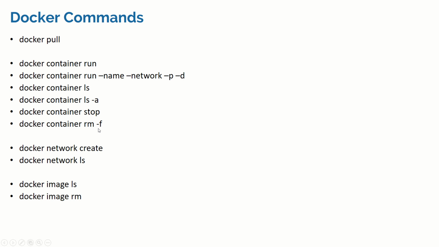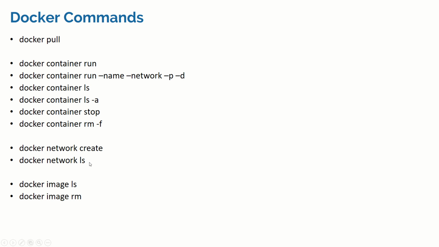After these commands, we also talked about how we can create our own Docker networks to be shared among different containers, and the command is Docker network create followed by the network name that you will be choosing.